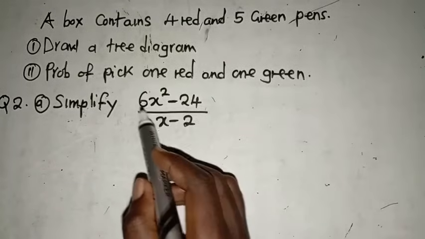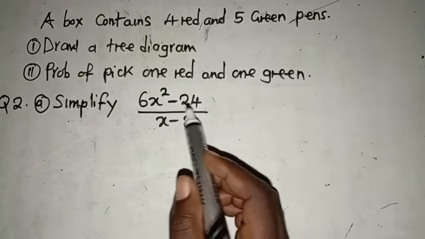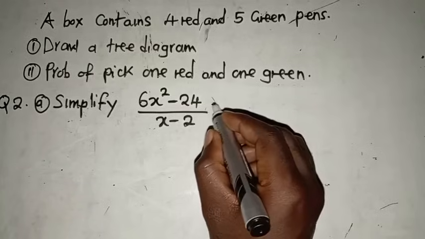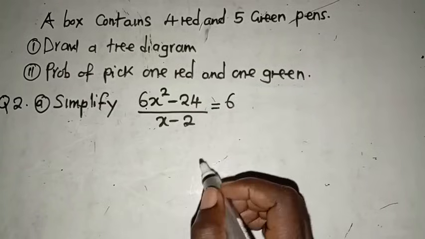We factorize on top. So we are going to factorize what is on top. This is just the same as 6 times x squared minus 4, over x minus 2. 6 is common there, 6 can go into 6 and 24.